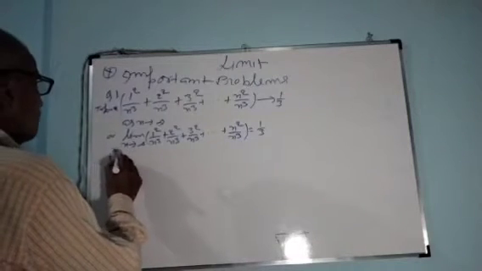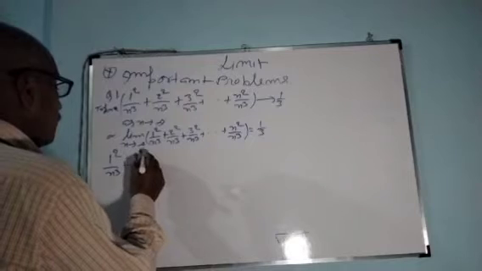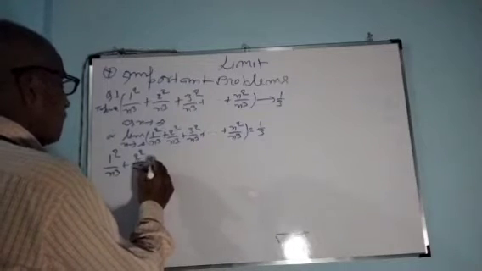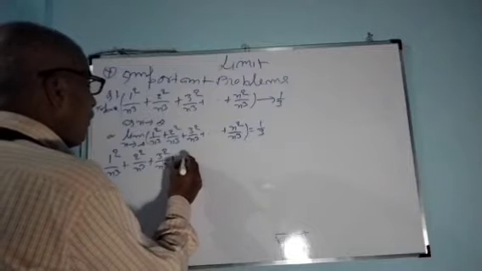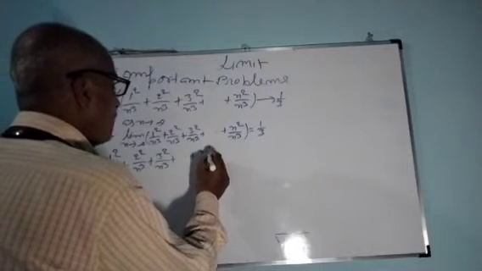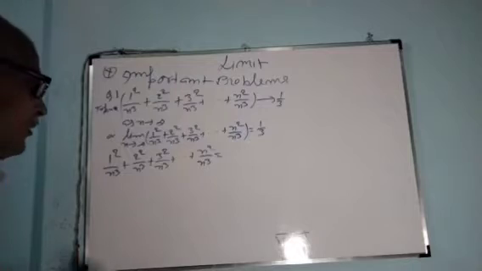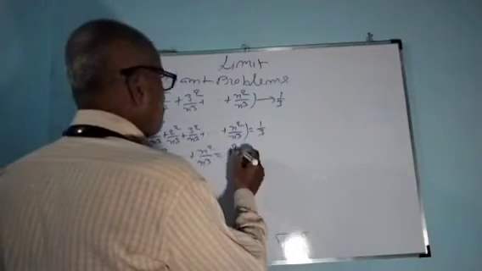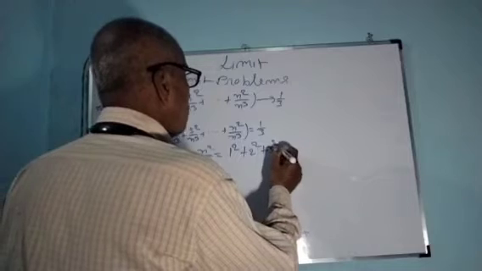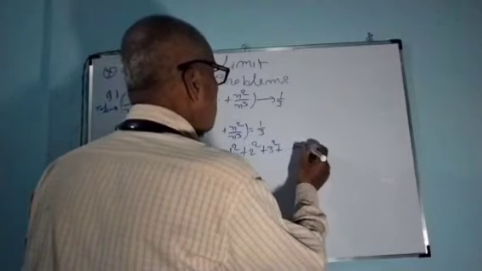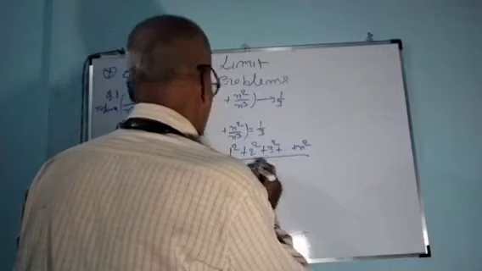1 square by n cube plus 2 square by n cube plus 3 square by n cube plus so on up to n square by n cube is equal to 1 square plus 2 square plus 3 square plus so on up to n square, all by n cube.